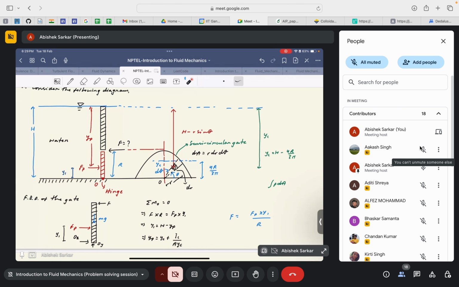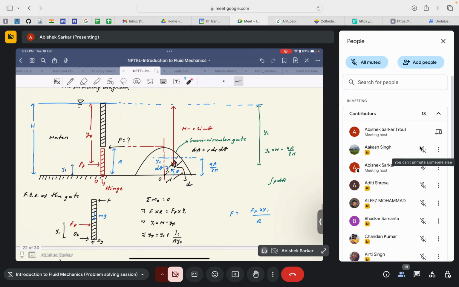It's again an approximation, but it holds quite well. Then the depth of this particular elemental area: if this elemental area is at a distance of r from the center of the semicircle, then this vertical height would be given by r sine theta, right?